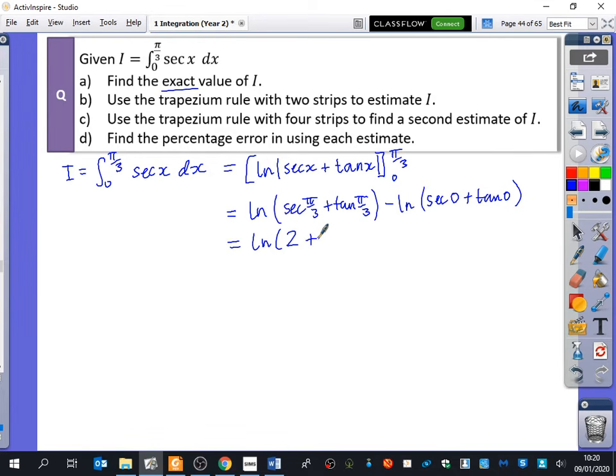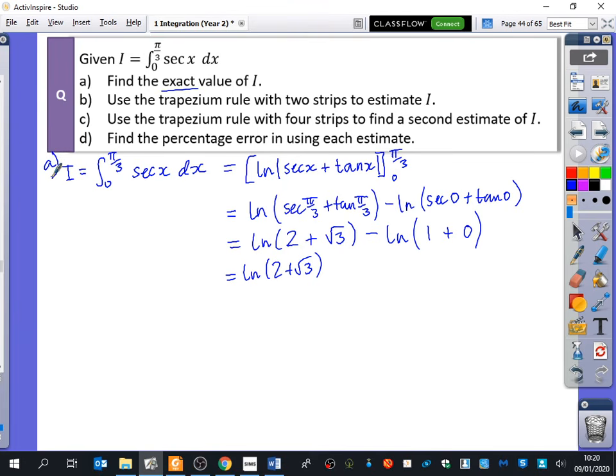Tan of pi over 3 is root 3. Sec of 0 is 1 over cos of 0, which is 1, and tan of 0 is 0. What's the ln of 1? 0. So this is all equal to the ln of 2 plus root 3. That's part A of the question.